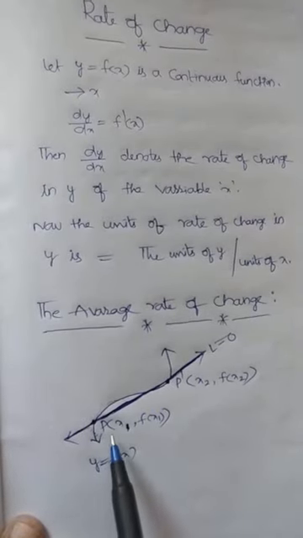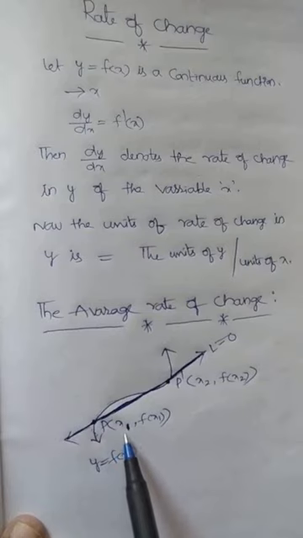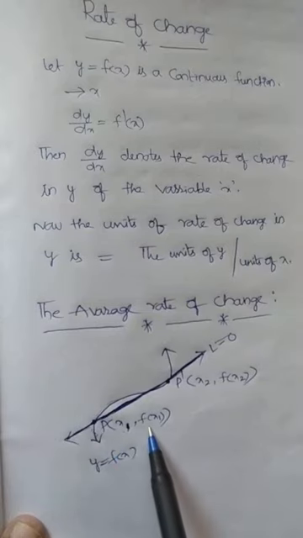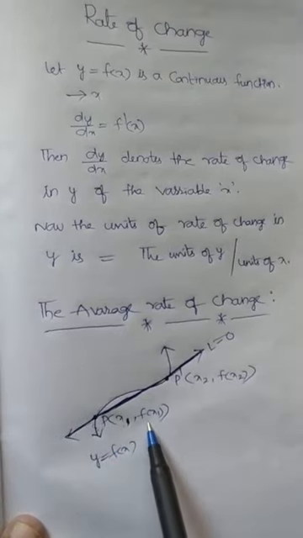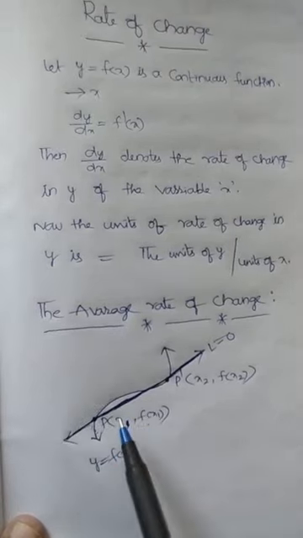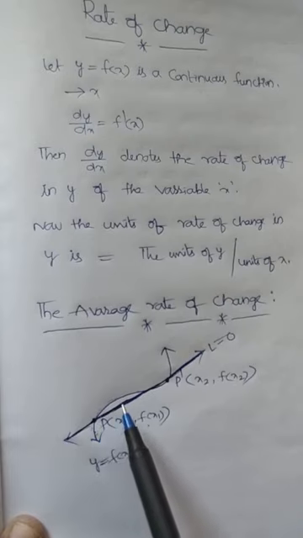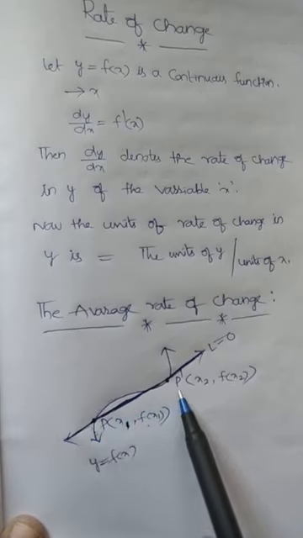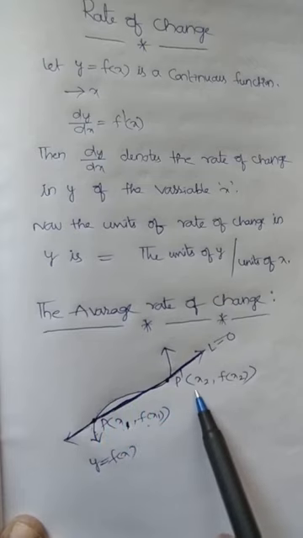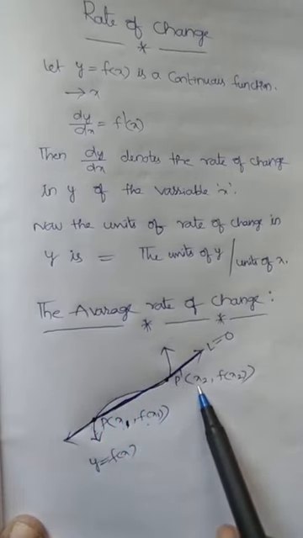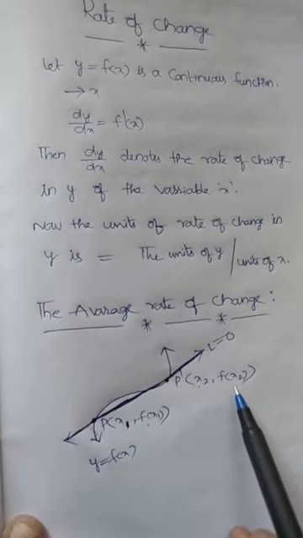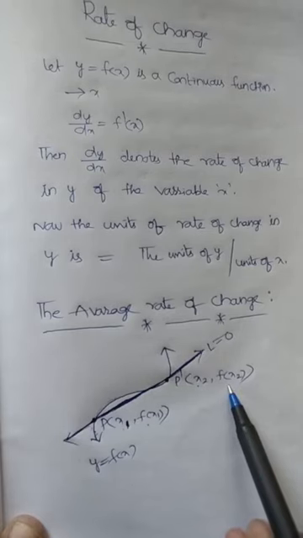The coordinates of point P are x1 comma f of x1, and we have a change in the variable x1, so it moves on this curve to P dash. So x1 changes to x2. For the corresponding x2 value, the y coordinate also changes for P dash, which is f of x2.